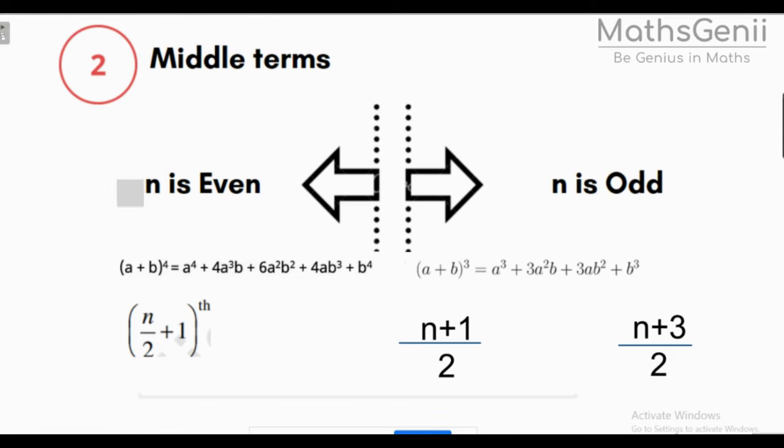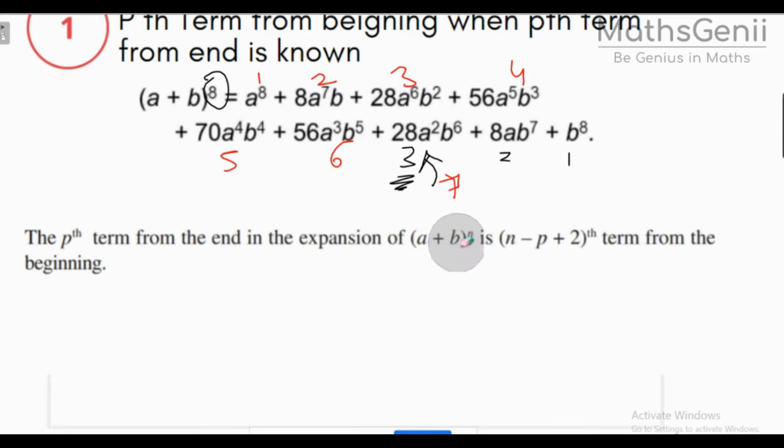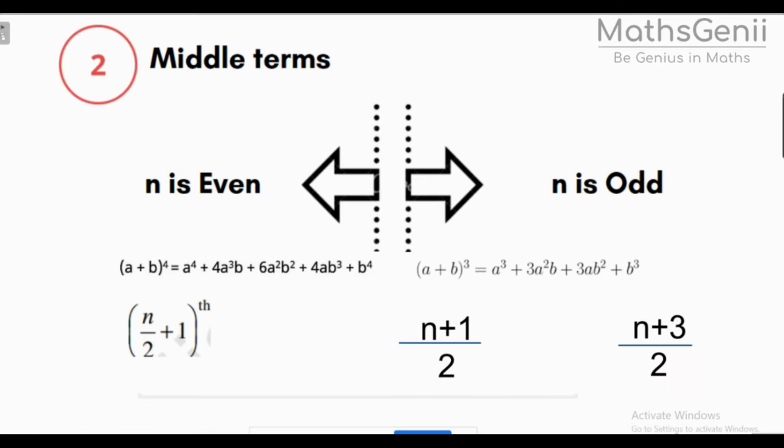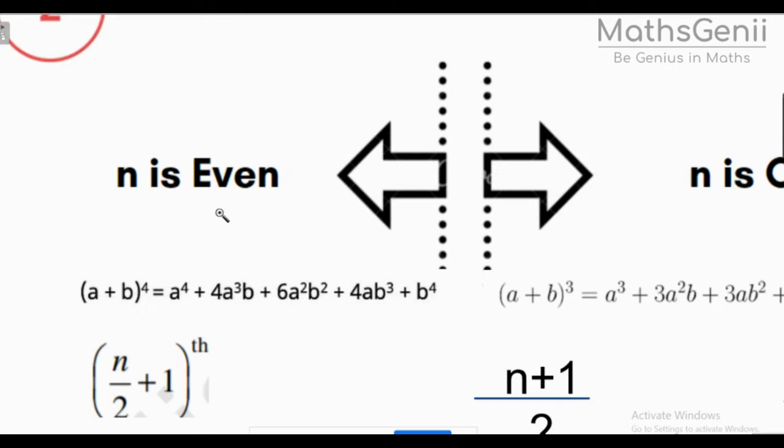Now there is a second concept. This was the first concept that you want to keep in mind, this formula. The second concept is the middle term concept. If n is even, I've again taken one example. Here n is 4, and 4 is even. What is the middle term?